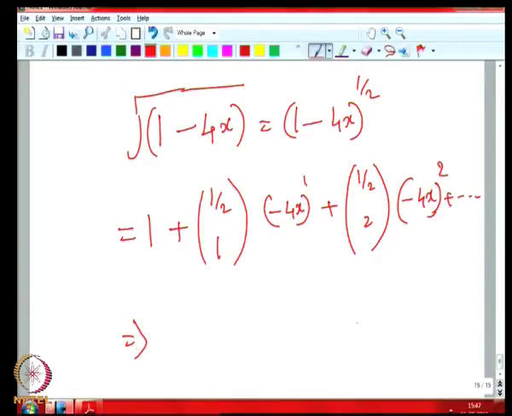The coefficient of x raised to n will be half choose n into minus 4 raised to n. So we have to deal with this nth term now.